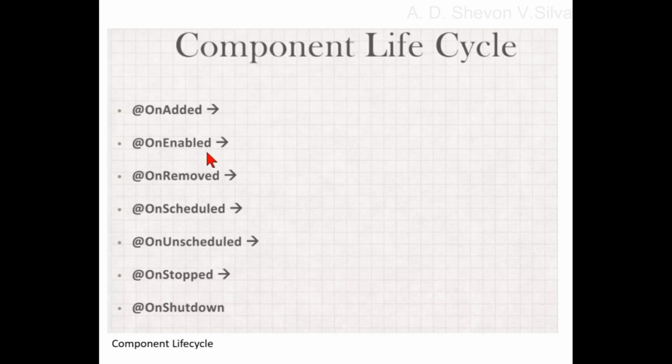@OnEnabled. The @OnEnabled annotation can be used to indicate a method should be called whenever the controller service is enabled. Any method that has this annotation will be called every time the user enables the service.